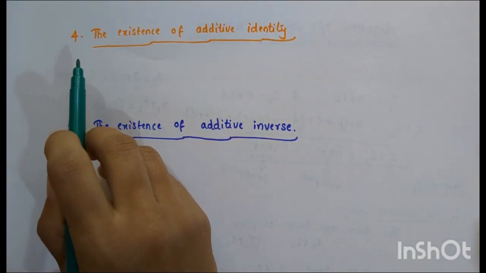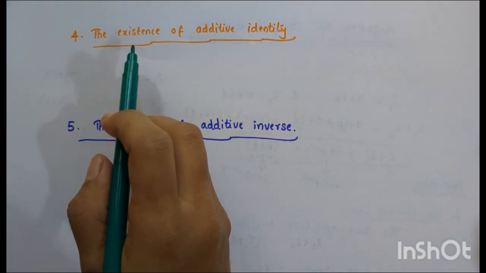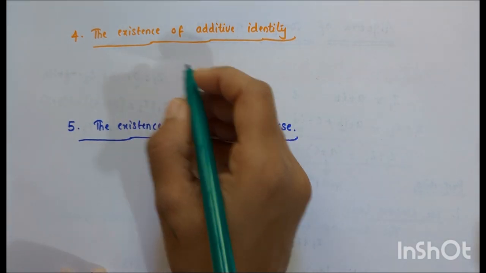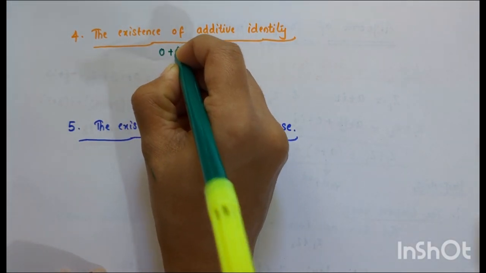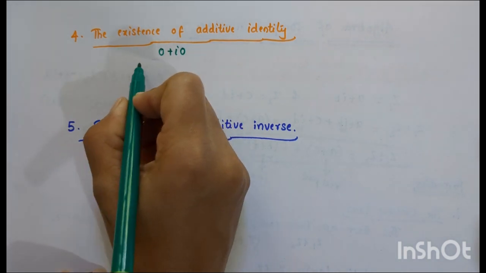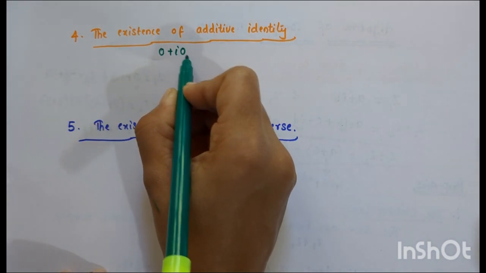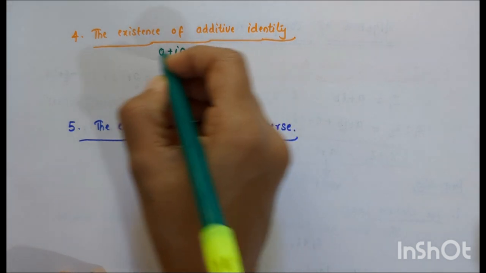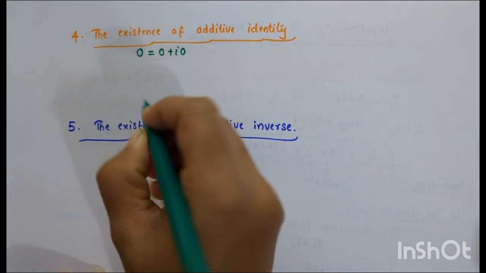Now, the fourth property is the existence of additive identity. That is, there exists a complex number 0 plus i0, where 0 is the real part and the imaginary part is also 0. So, there exists a complex number 0 plus i0, which is denoted as 0.